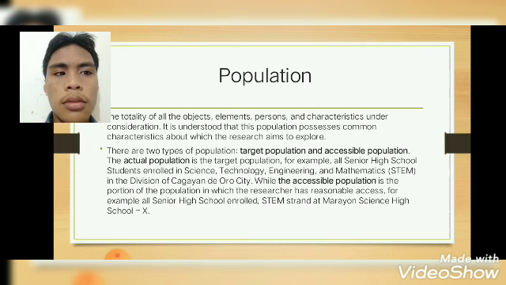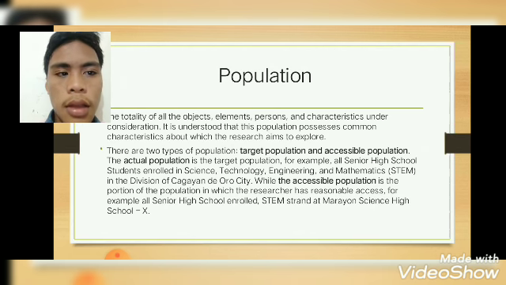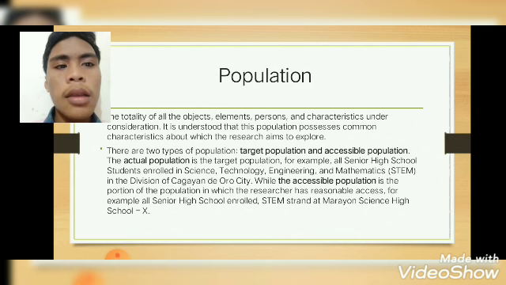For example, all senior high school students enrolled in science, technology, engineering, and mathematics (STEM) in the division of Cagayan de Oro City, while the accessible population is the portion of the population to which the researcher has reasonable access. For example, all senior high school students enrolled in the STEM strand in Marayon Science High School.